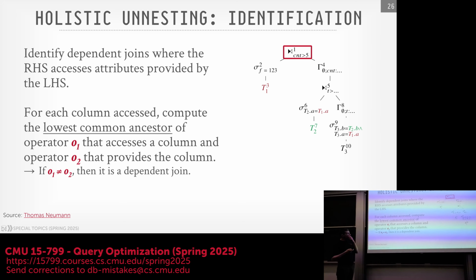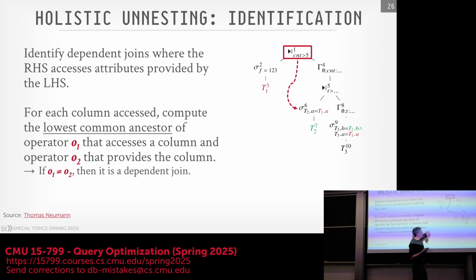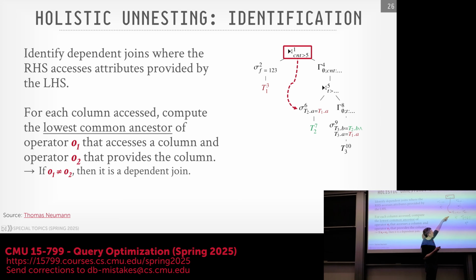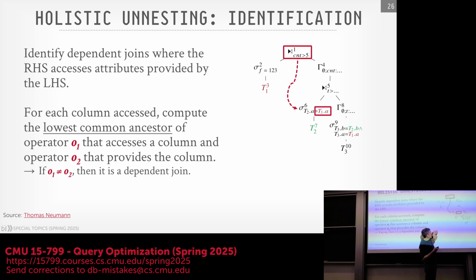So going here, starting with this first dependent join, right? You identify, okay, well, I know I need to do a lookup on T2.A, and T2.A on my left-hand side is going to come from this operator 6 down here. And then I'm also going to need to reference T1.A, which is being referenced by this guy over here, right?